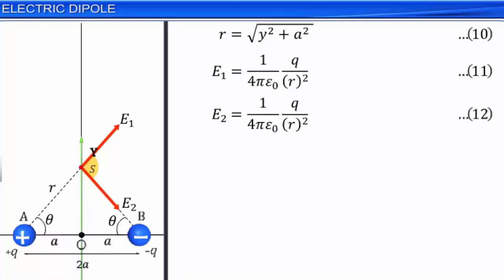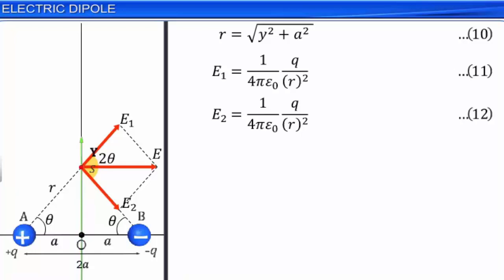The resultant of E1 and E2 is obtained by using the parallelogram rule for vector addition. According to the rule, the resultant of E1 and E2 is obtained by the diagonal of the parallelogram formed by the vectors E1 and E2 as the sides.